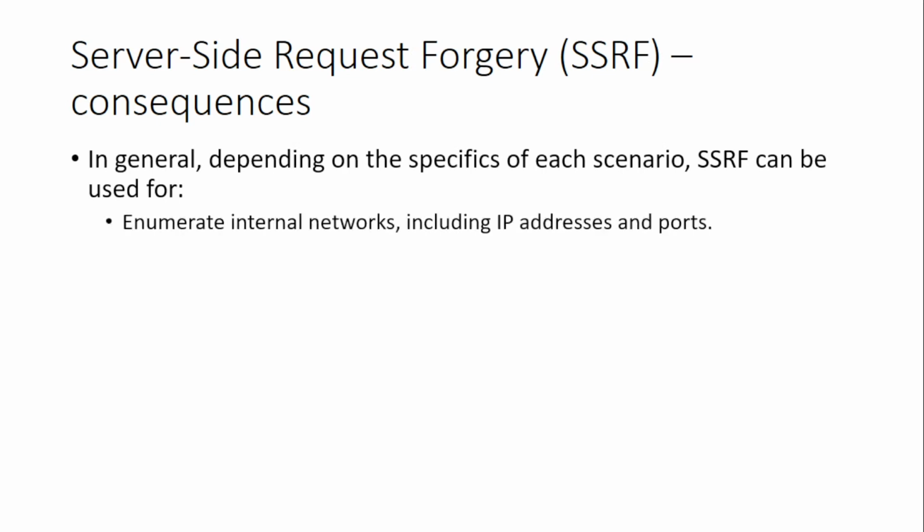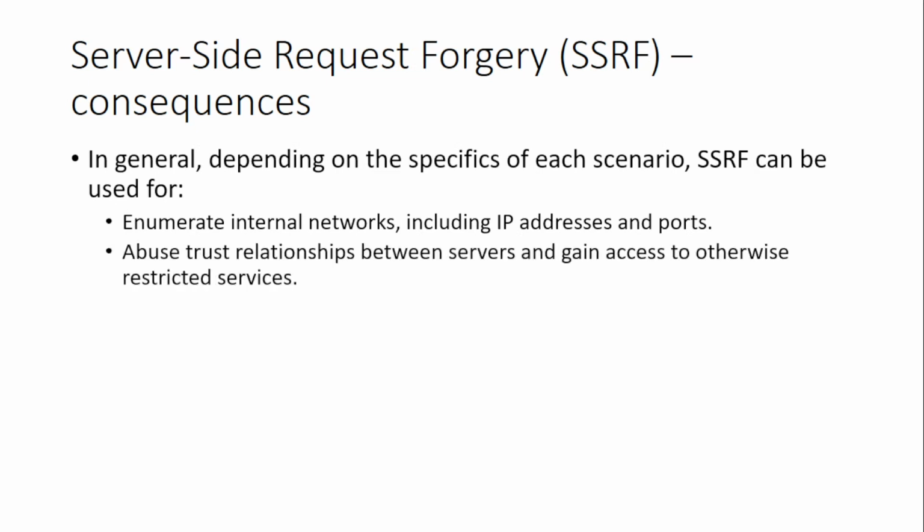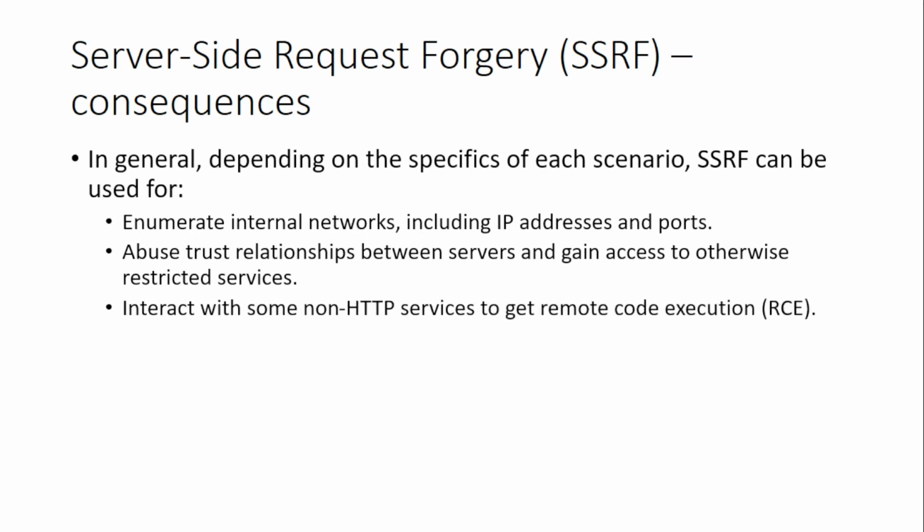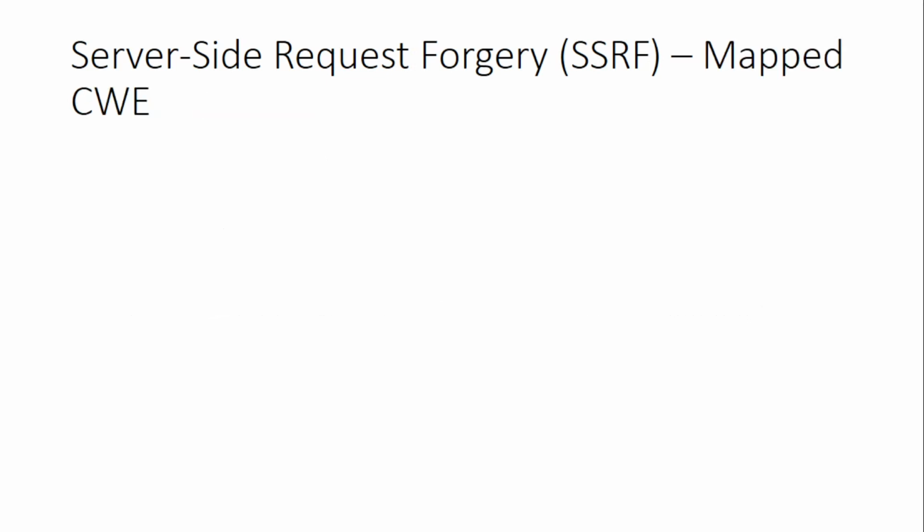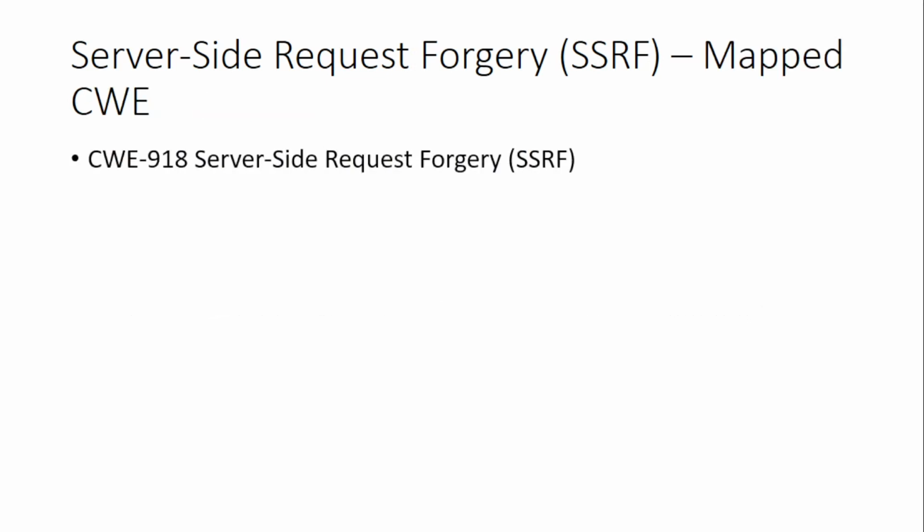An SSRF can be used to enumerate internal networks, including IP addresses and ports, abuse trust relationships between servers and gain access to normally restricted services, and interact with some non-HTTP services to get remote code execution. For SSRF, there is only one mapped CWE. It's CWE-918, which is server-side request forgery. But we never know what will happen in the future.